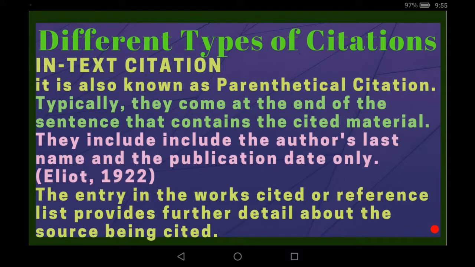For example, you are discussing some Shakespearean play, and while analyzing you quote T.S. Eliot's essay, then you just put Eliot at the end of that quotation, and the year, even with no mention of the book. All these detailed information is either in the footnote or the endnote.